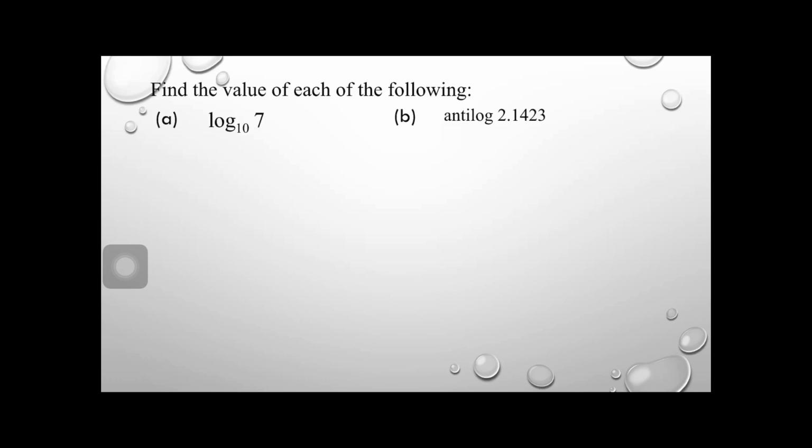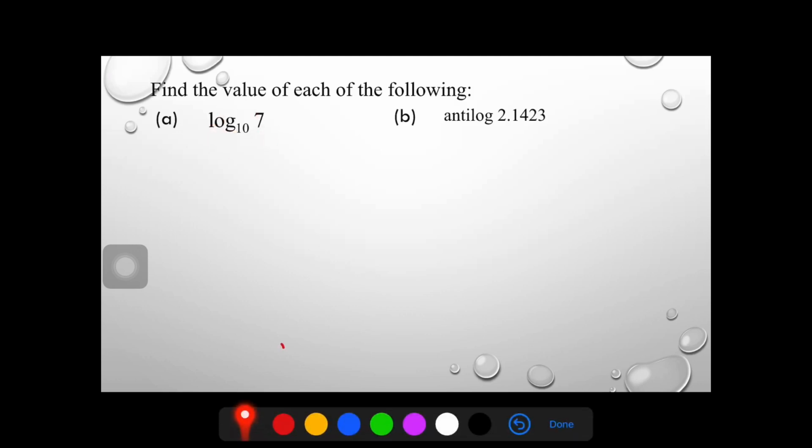For this part, find the value of each of the following. A, log 10 7. So log base 10 of 7, you can press directly from your calculator. Where you find the button of log, you press log, then 7. What is the answer?